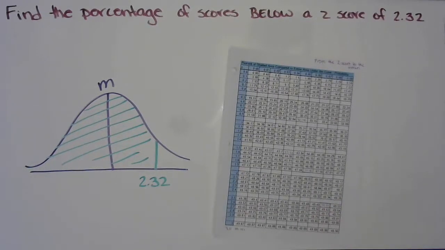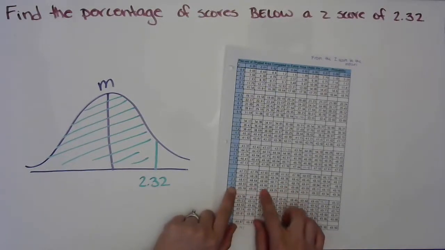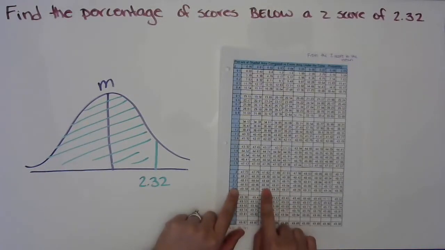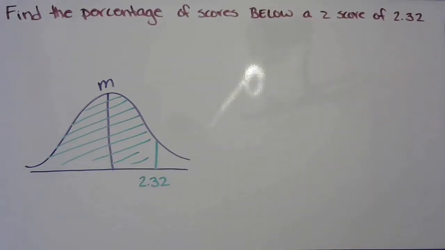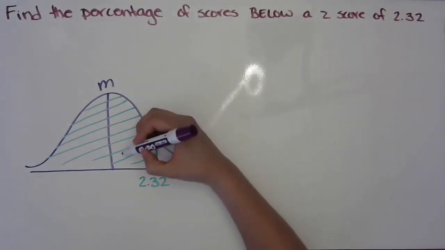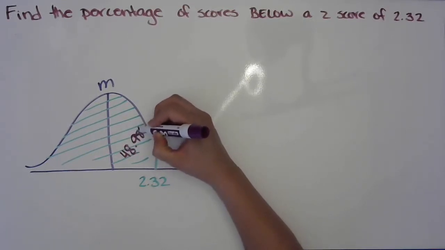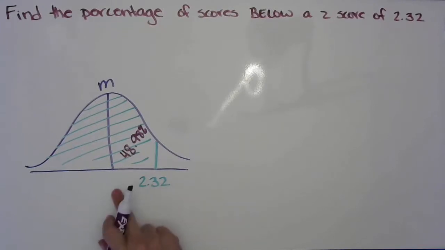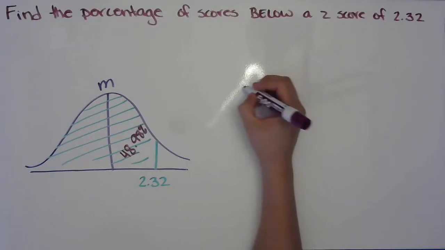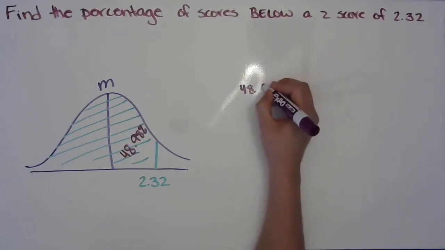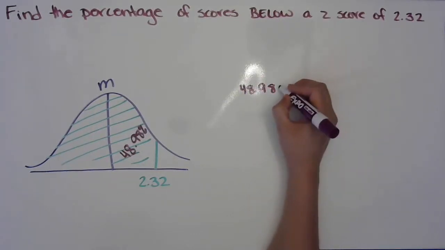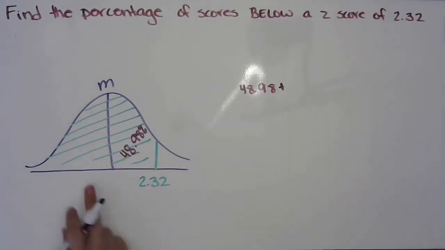So we look up on our table and we go to 2.3, go over to 2. That's going to give us 48.98. So that is going to go right here, 48.98, because it is between the z-score and the mean. So in order to find this whole area, we take our percentage of 48.98, and then we add that to this half of the curve over here.